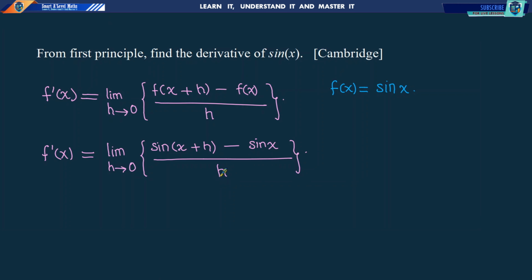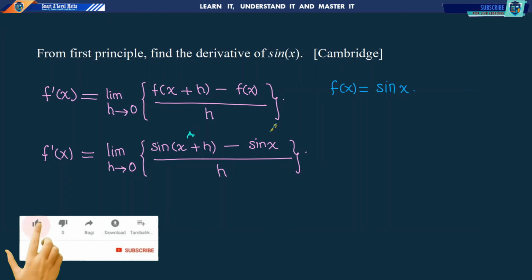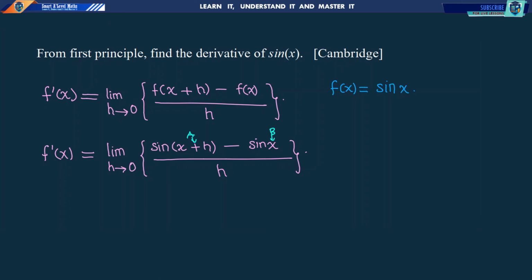What we can do is to recognize the numerator. If we let a represent this angle and b represent this angle, then this is a transformation formula from trigonometry. So let's quote that formula here before we proceed.